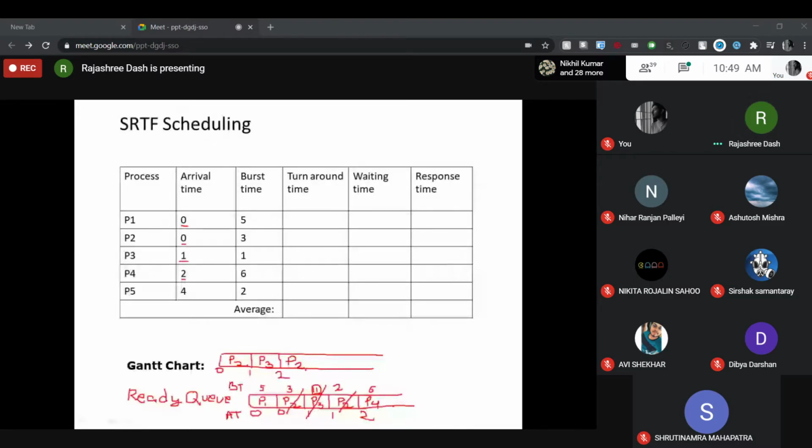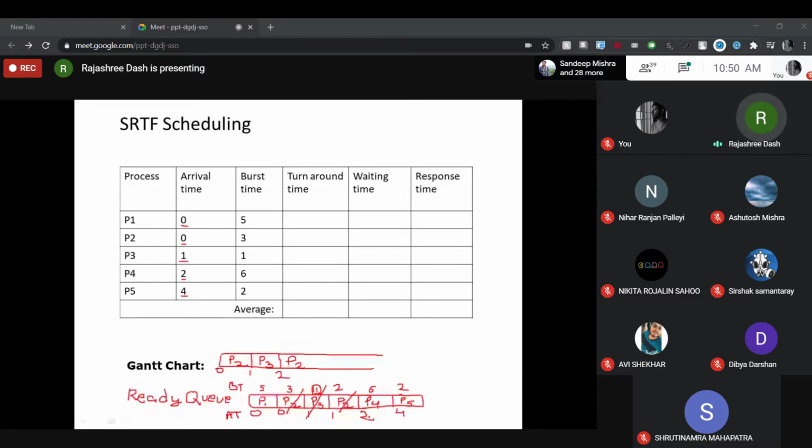So while P2 is executing, just check at time 4, the next process that enters the ready queue is P5. What is the burst time of P5? That is 2.